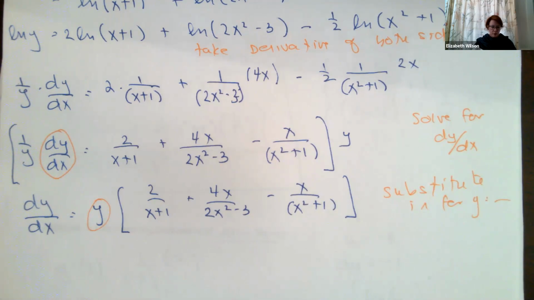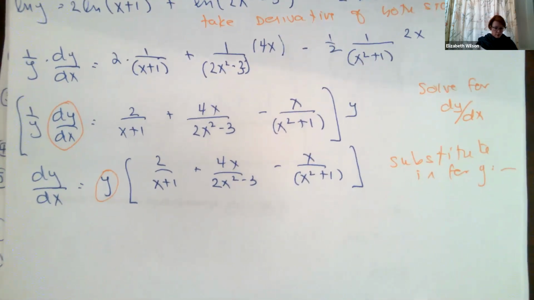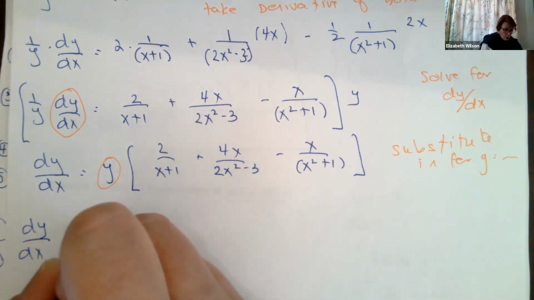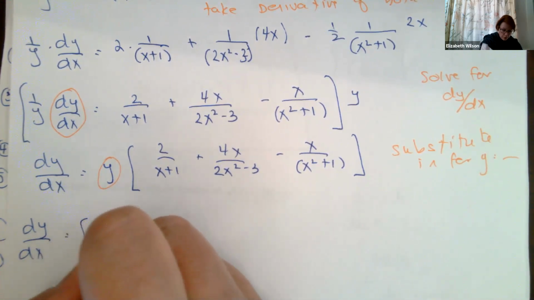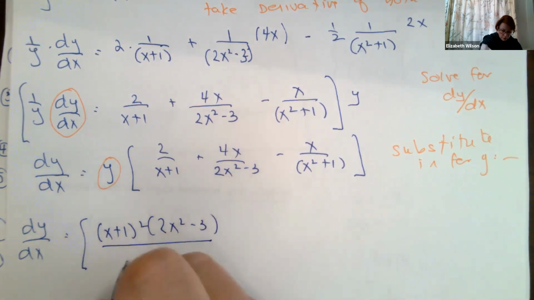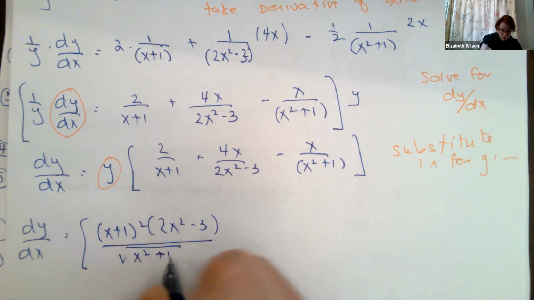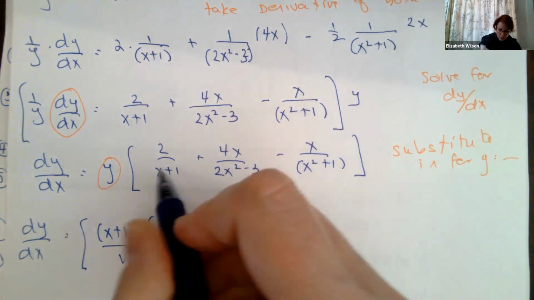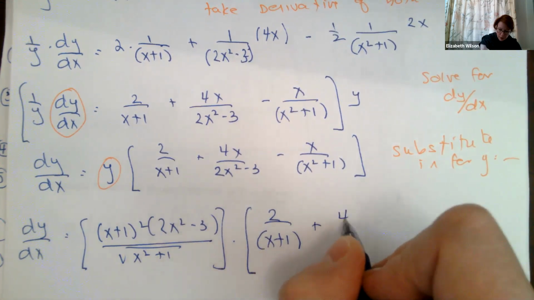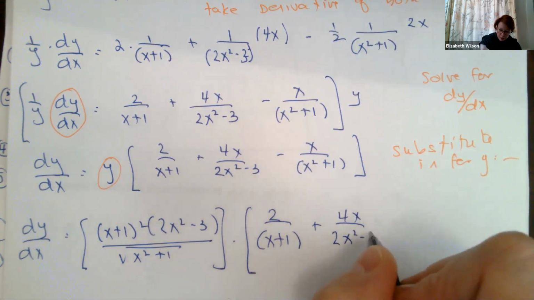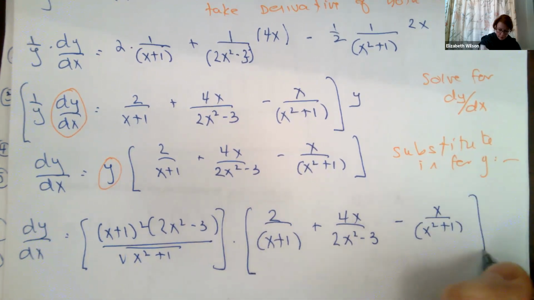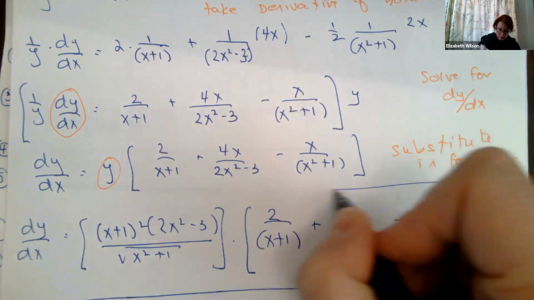Okay, so let's go ahead and do that. So my dy dx equals, my y equals (x plus 1) quantity squared times (2x squared minus 3) all over radical x squared plus 1, times, okay, I'm going to write this out, (2 over x plus 1, plus 4x over 2x squared minus 3, minus x over x squared plus 1). And I'm going to put a nice big box around it.